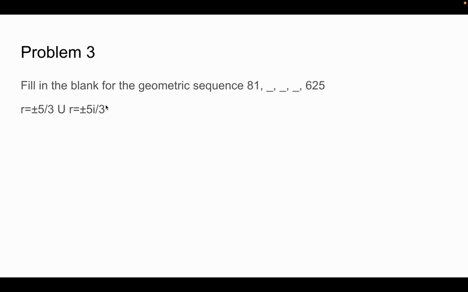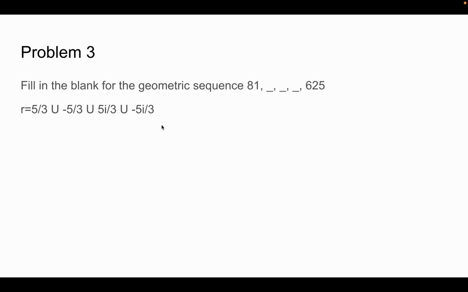That's also the same thing as saying r equals 5 over 3, or negative 5 over 3, or 5i over 3, or negative 5i over 3. The union symbol here is the same thing as a union, and you can just think of it as or. So r can be 5 over 3, or it can be negative 5 over 3, and so on.